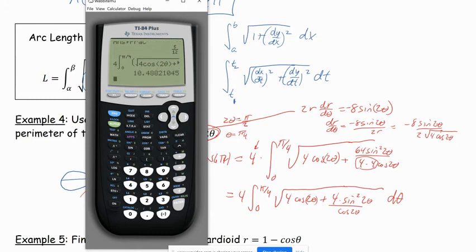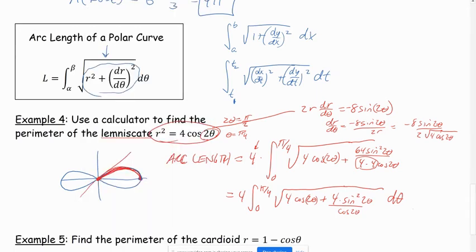And so we get 10.488. The approximate value of that integral.